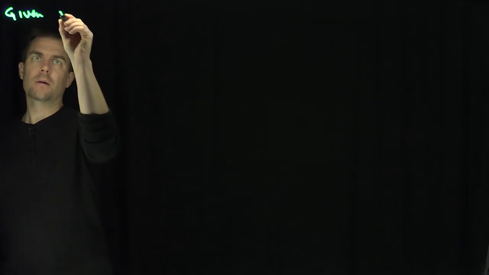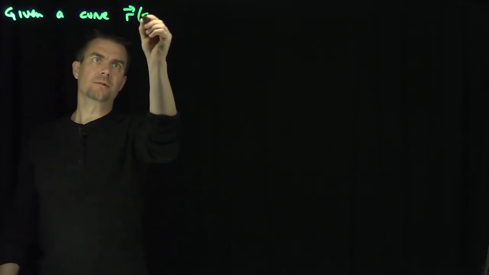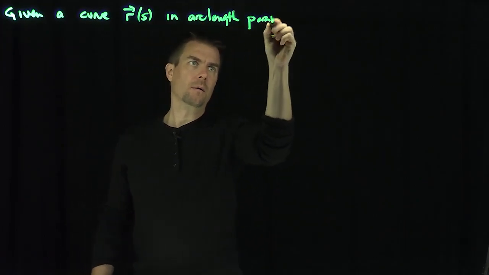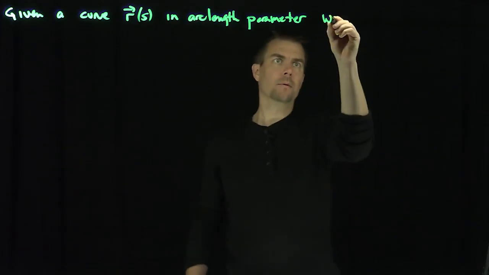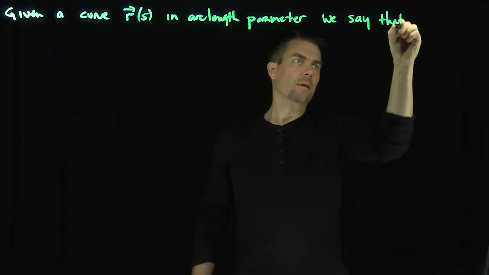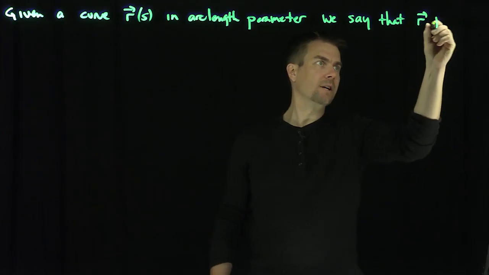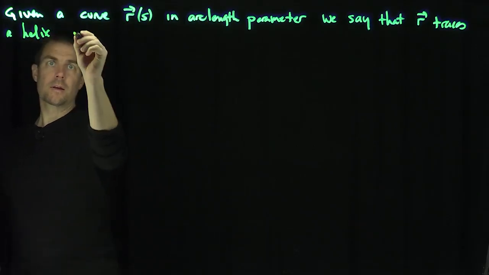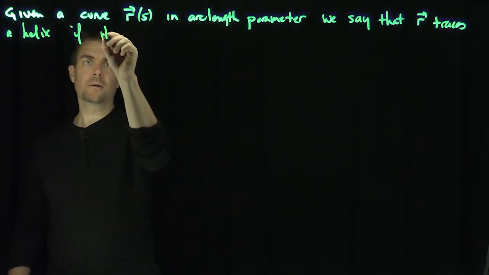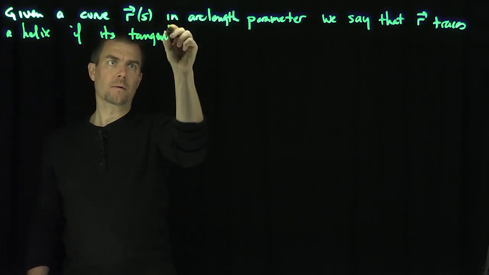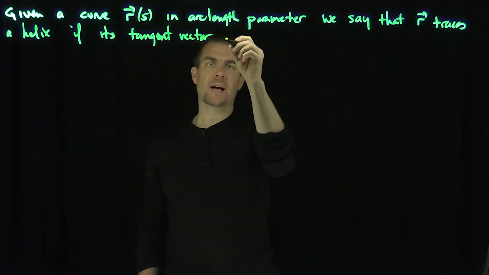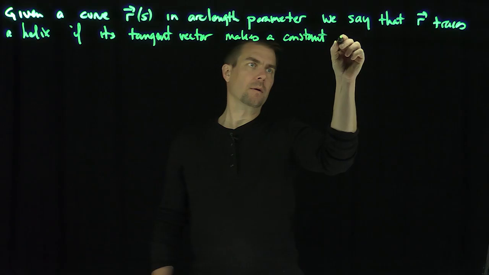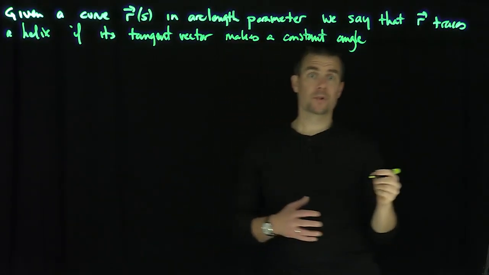Given a curve r of s in arc length parameter, we say that r traces a helix if its tangent vector makes a constant angle with respect to a fixed unit vector.